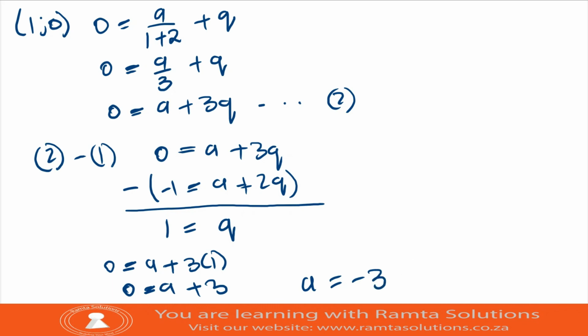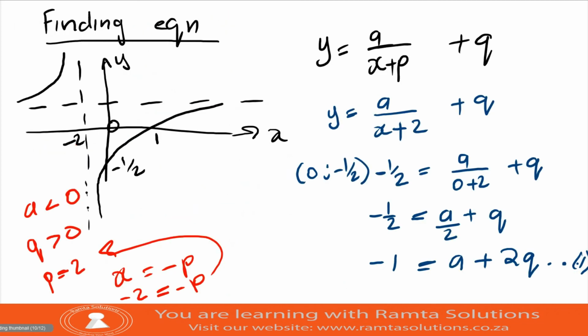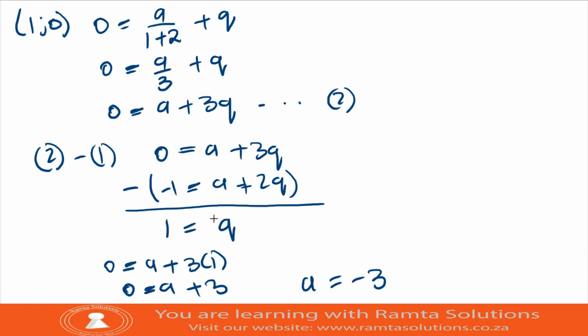Let's check our graph. Looking at the graph, yes, I expect my a to be negative and my q to be positive. Indeed, that is what I found. Q is positive, a is negative. Therefore, we have y equals negative 3 over x plus 2, plus 1.